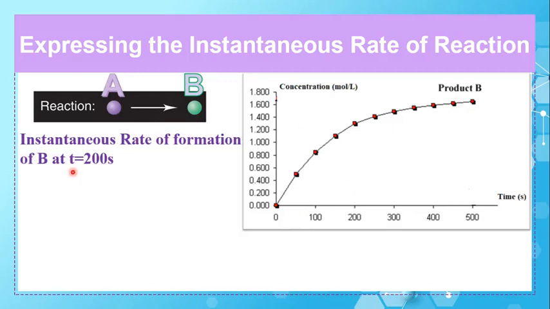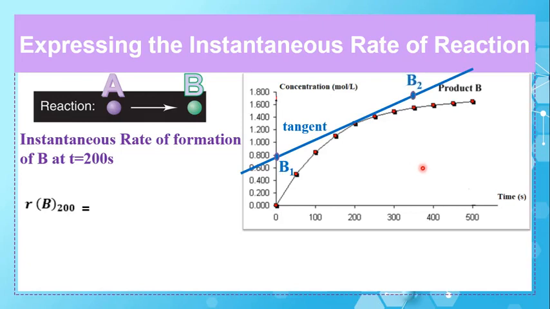To determine the instantaneous rate of formation of product B at T equal to 100 seconds, for example, we write the instantaneous rate of B at T equal to 100 seconds is equal to, on the curve, we draw a tangent at T equal to 100 seconds. We choose 2 points on this tangent, B1 and B2.